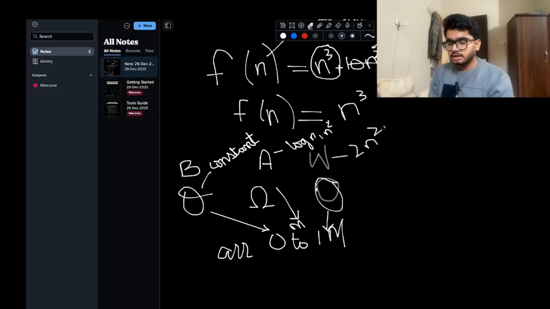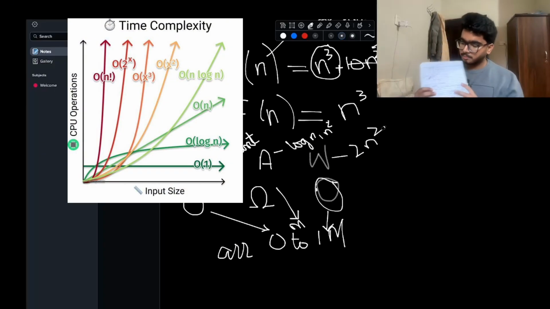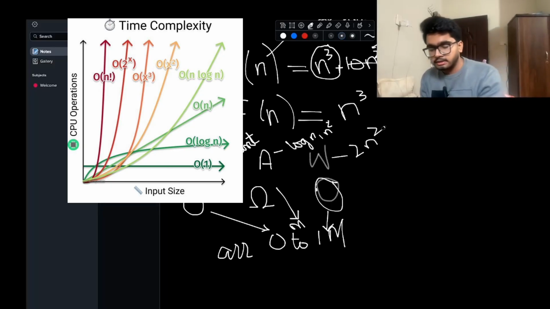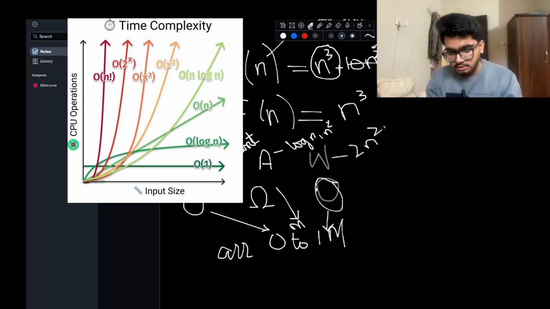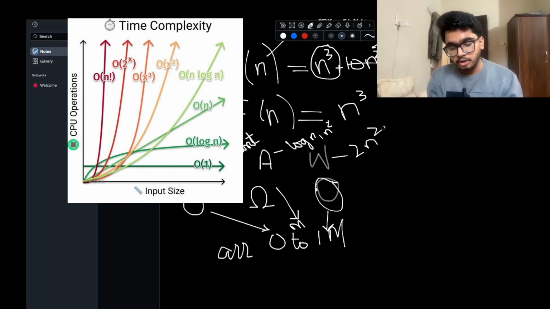Now there is a chart I want to show you. I hope it is clear, or I will add its screenshot in the video while editing. So here you see the input. There are cases, best to worst case, and in this chart we are seeing some important notations.